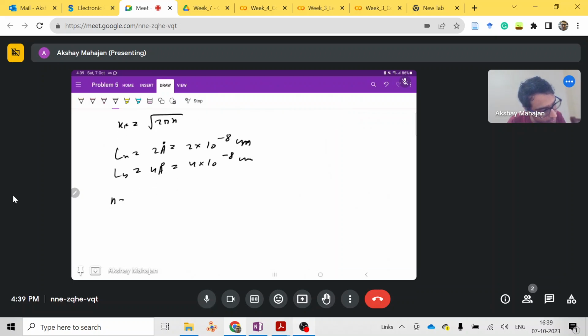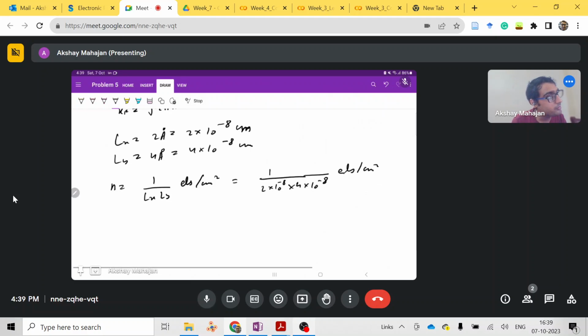So our n is equal to, we just have one electron per lx ly, that will be our electrons per centimeter square. Alright, so that will be equal to 1 upon 2 times 10 to the power minus 8 times 4 into 10 to the power minus 8 electrons per centimeter square. So n comes as 1 by 8 into 10 to the power 16 electrons per centimeter square.